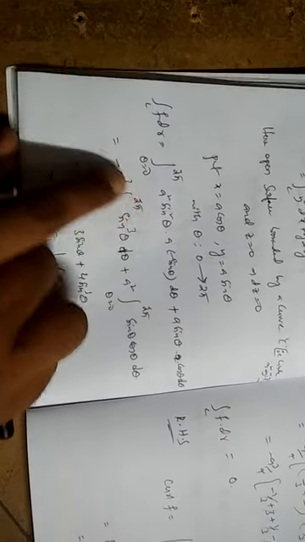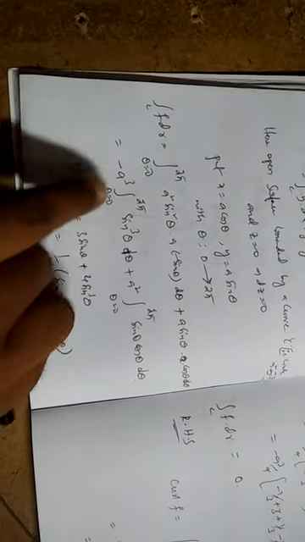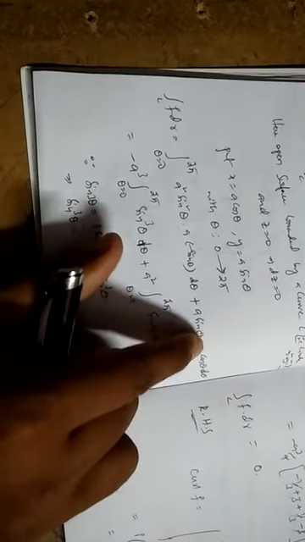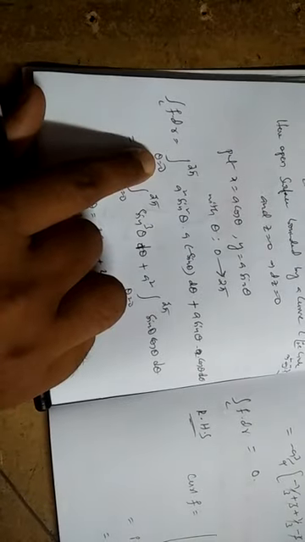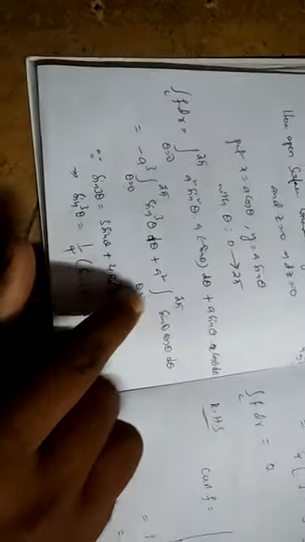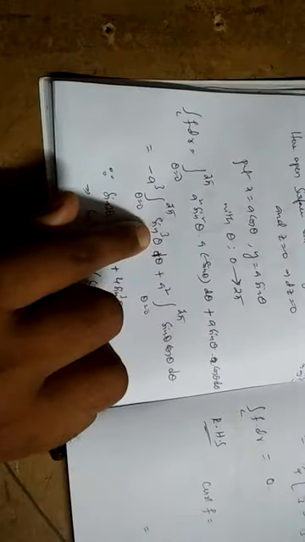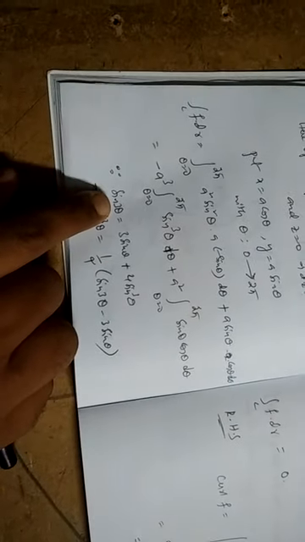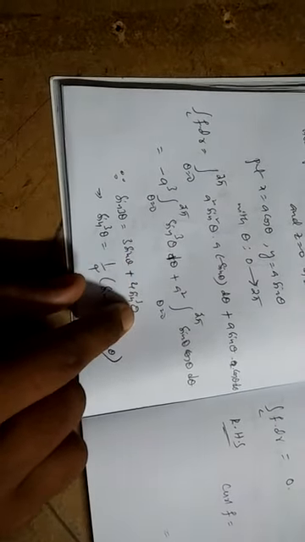Minus the term a squared into a cubed. Theta is 0 to 2 pi, sin squared into sin cubed theta d theta, plus a into a squared. I split the integration into two terms: a squared into the integral from 0 to 2 pi of sin theta cos theta d theta. For the integration of sin cubed theta, I use the formula sin 3 theta equal to 3 sin theta minus 4 sin cubed theta.